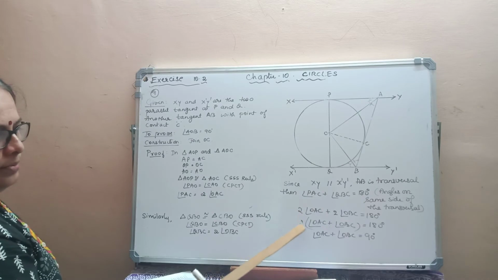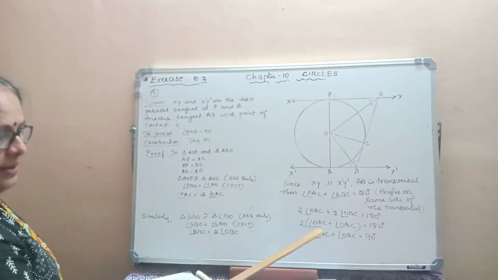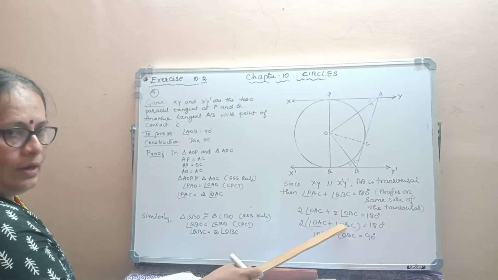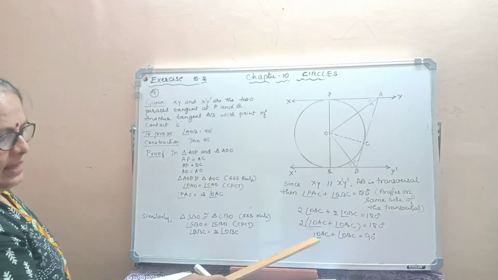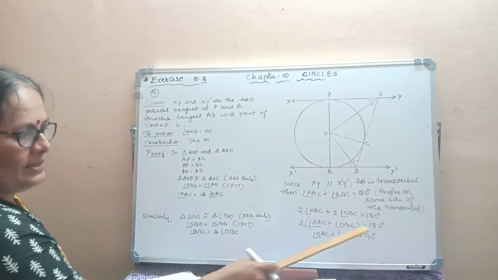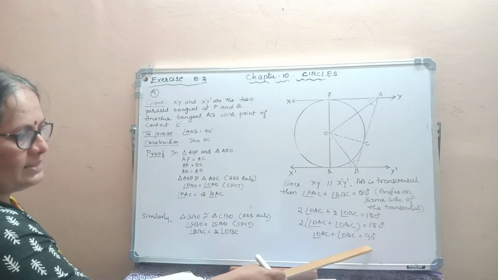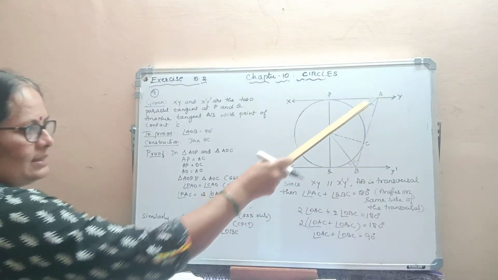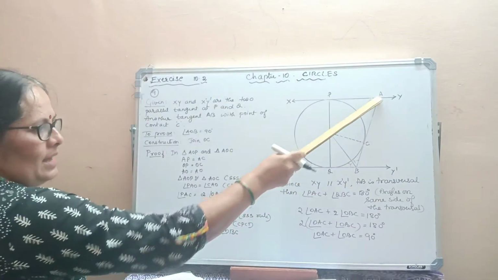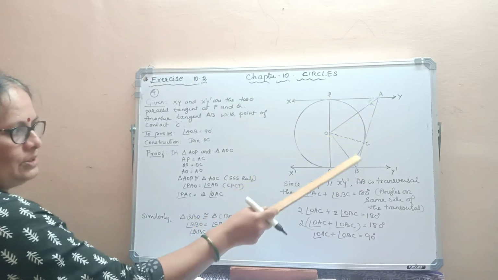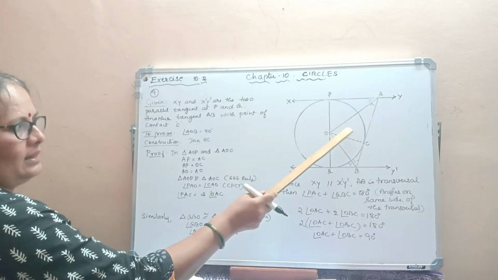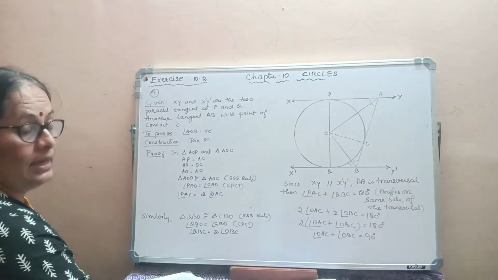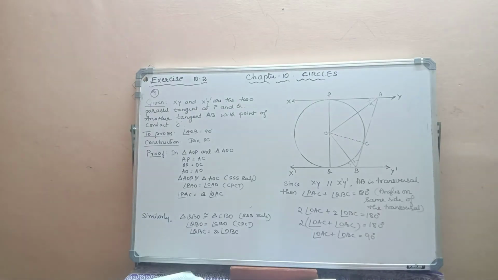So 2 is common: 2 times angle OAC plus angle OBC equals 180. So angle OAC plus angle OBC equals 180 by 2, which is 90 degrees. Then using the angle sum property in triangle AOB, angle AOB is equal to 90 degrees.